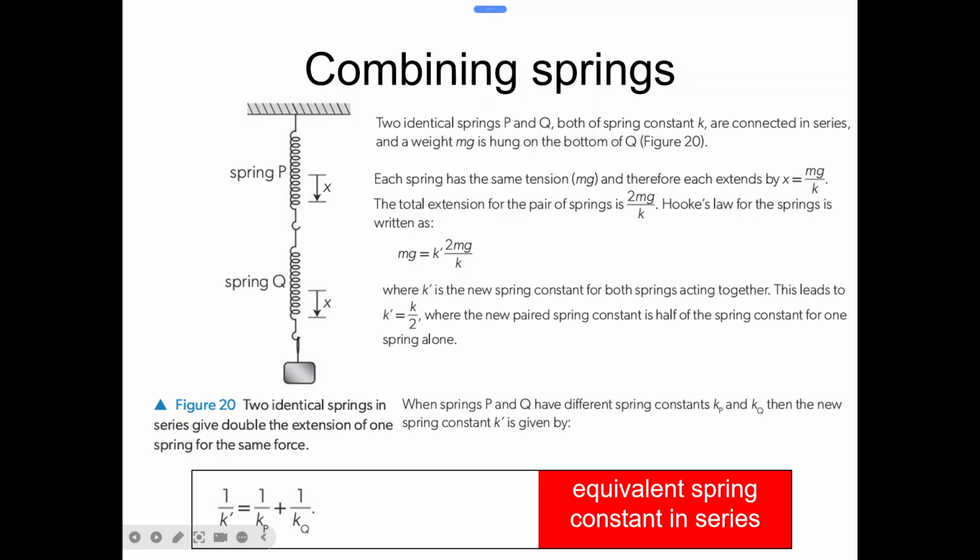Just add them. K prime equals k1 plus k2 plus k3.